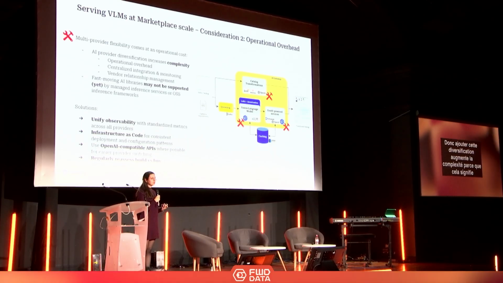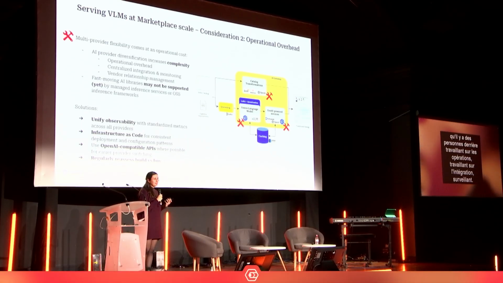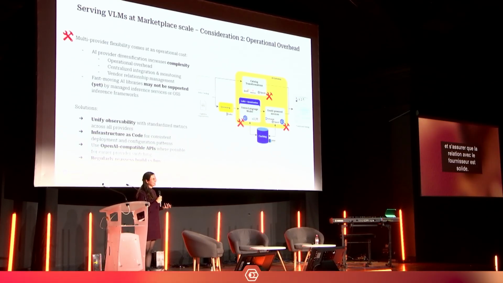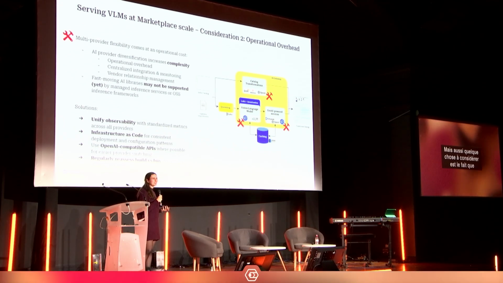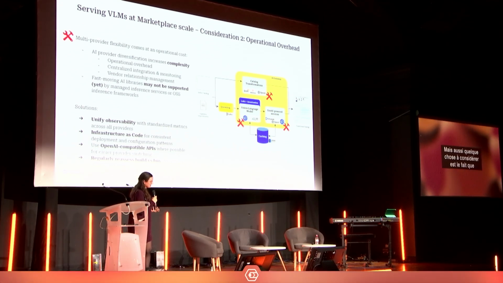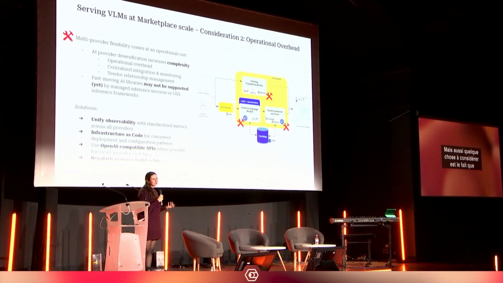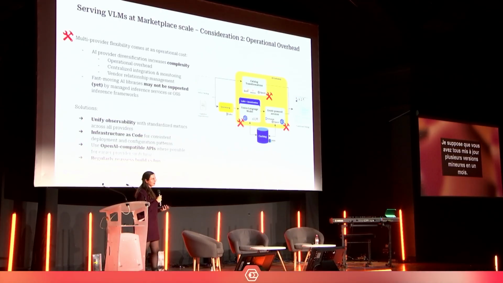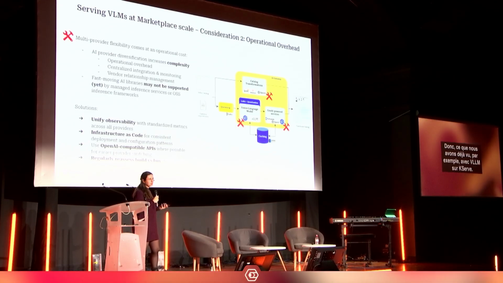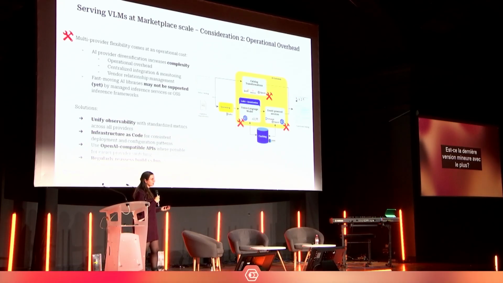But also, something to consider is the fact that AI libraries move super fast. I guess you've all updated several minor versions in a month. So what we've already seen, for example, with vLLM on KServe, is that the latest minor versions with the most interesting new features are not yet supported, be it on open source software or even on managed inference.